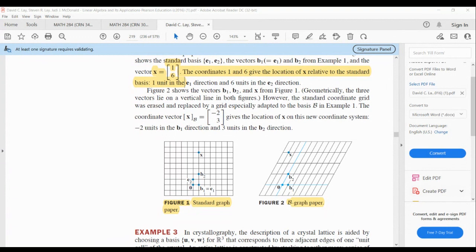In figure 2, there's the origin, and they've drawn a vector B1 and a vector B2. What coordinates does B1 have?